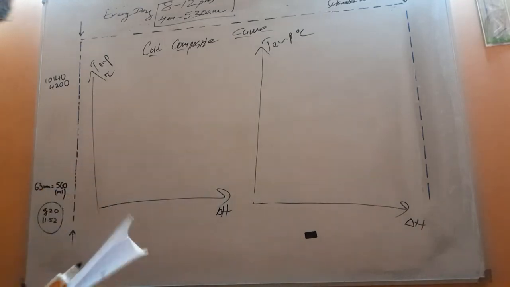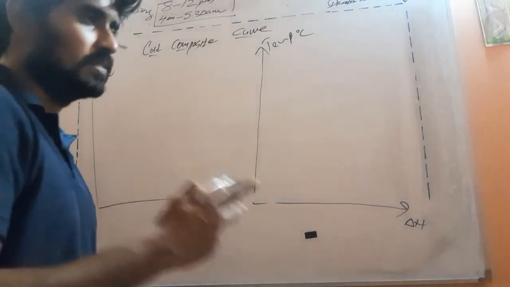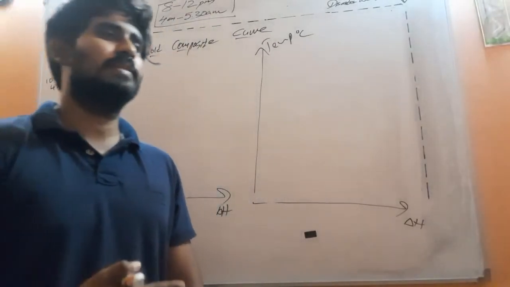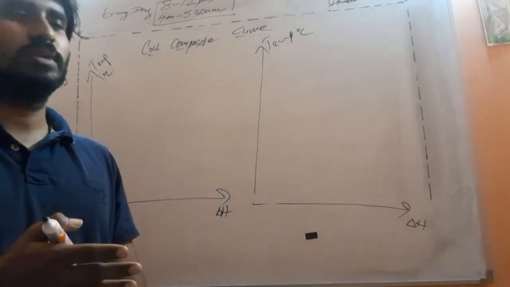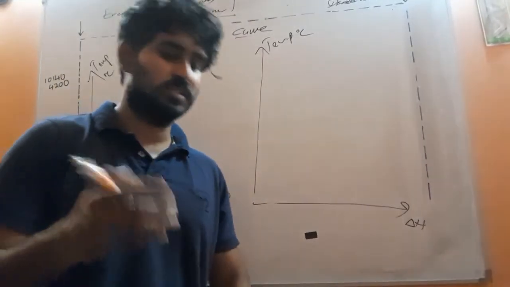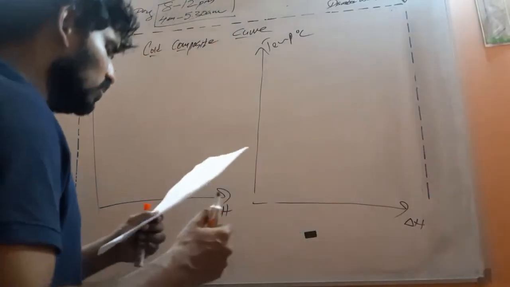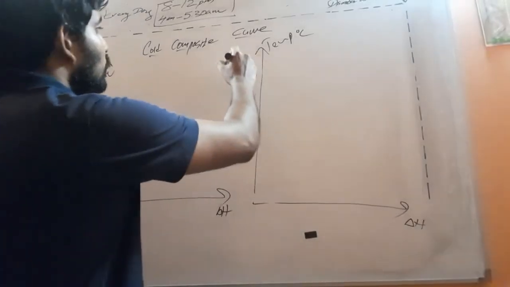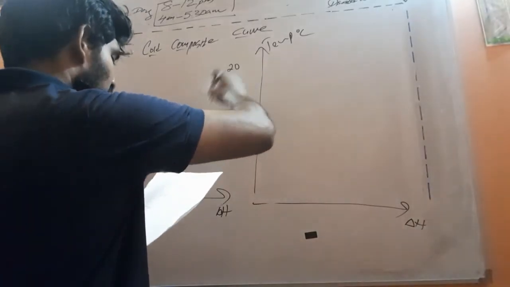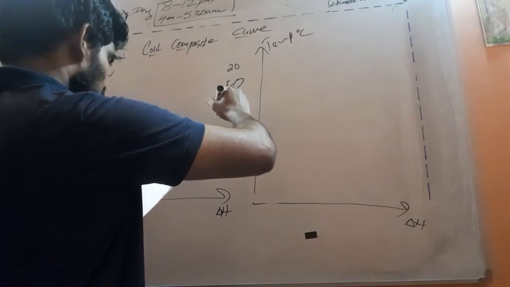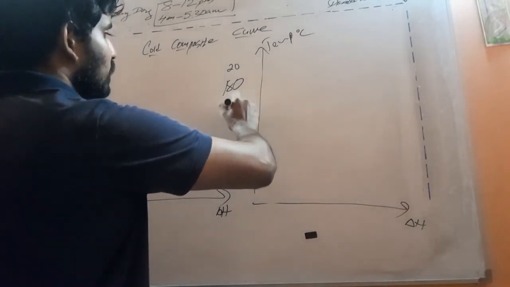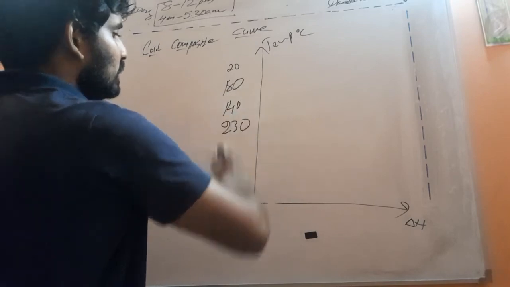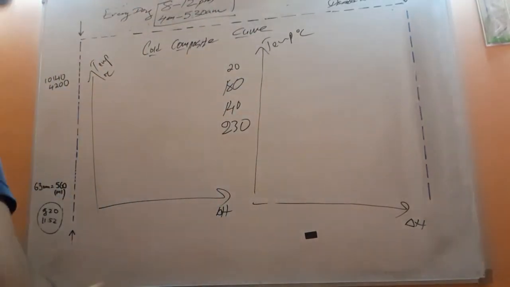Because one process has a supply side and a target side, there are two positions for one process, so for two processes there are four positions. What are the temperature positions we need? We need 20, 180, and then 140 and 230. Now you can sketch that.